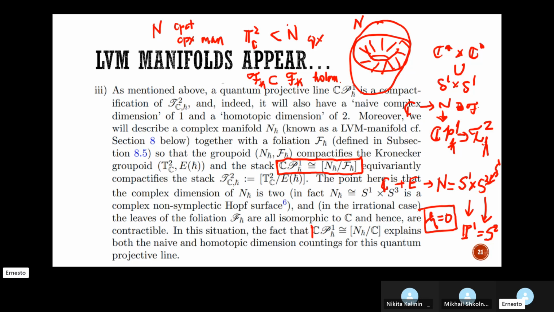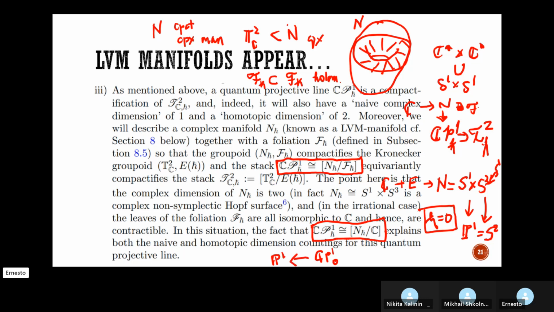So anyway, CP, the quantum version is perturbing H equal to 0, and the classical version will look like the elliptic fibration. But of course, CP1, 0, will not exactly be P1.